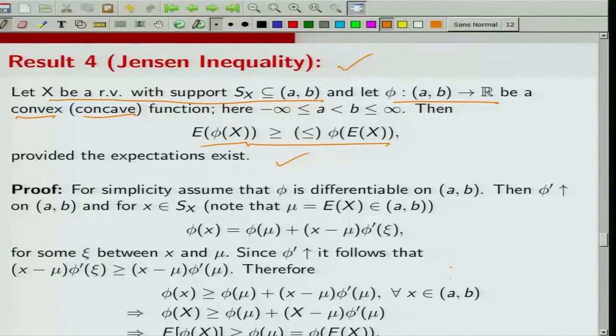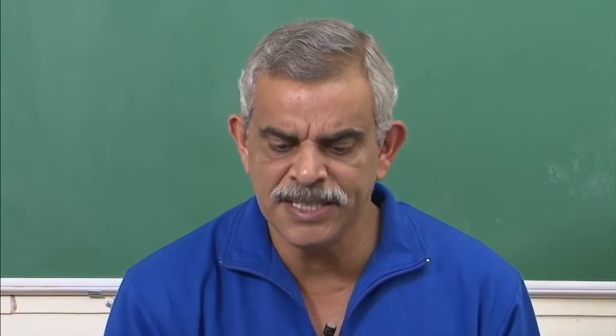So I will prove the result for a case where phi is differentiable. For simplicity, assume that phi is differentiable on (a, b). Then I know that phi prime is increasing on (a, b) for x belonging to the support. Now note that my support is contained in (a, b), so my PDF has to be integrated over (a, b) along with x to get a mean.